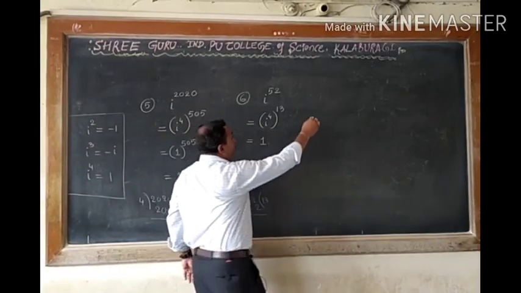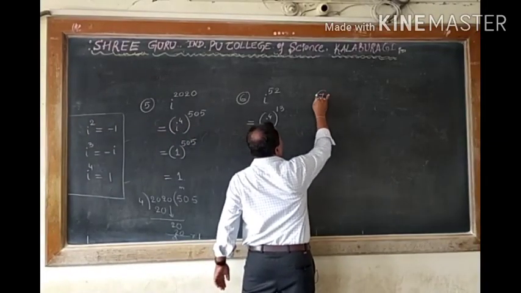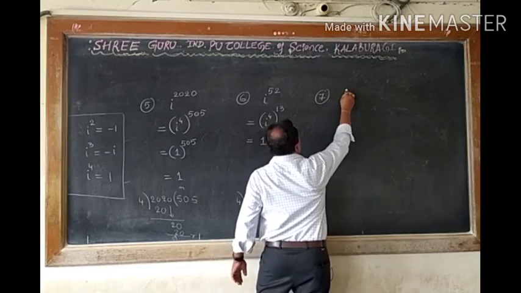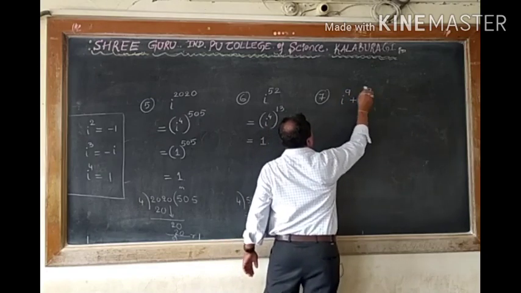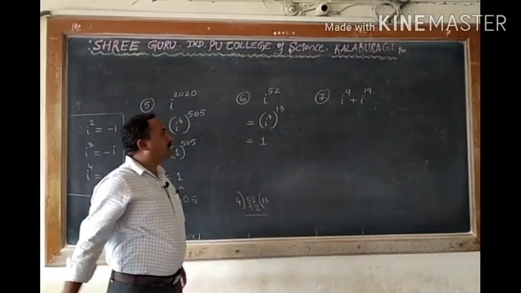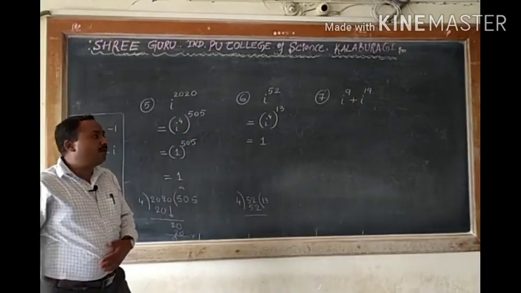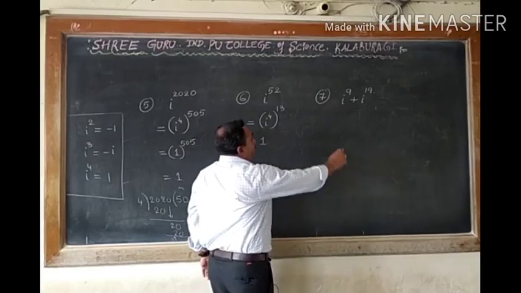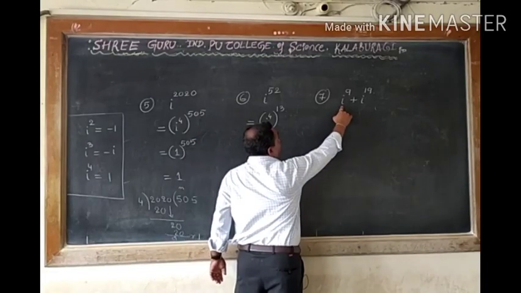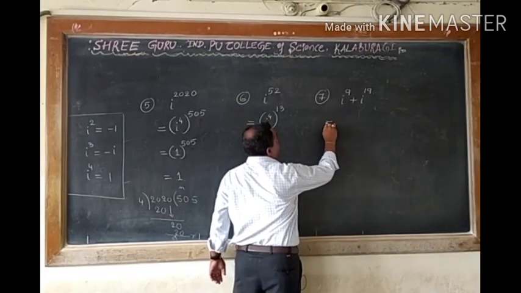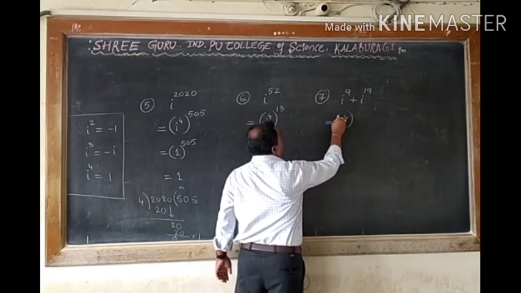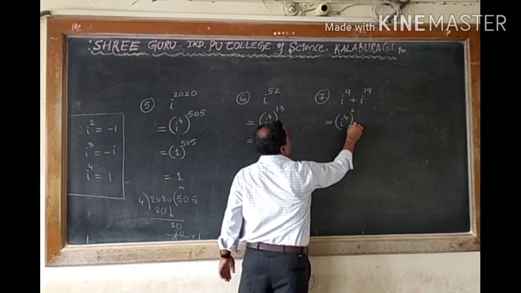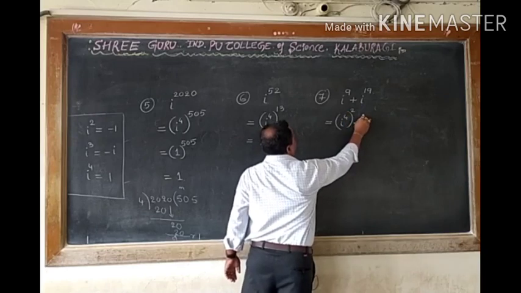Next, seventh one: i power 9 plus i power 19. Find this one first. This can be expressed in the form of i power 4. 4 twos are 8, remainder 1, so i is present.